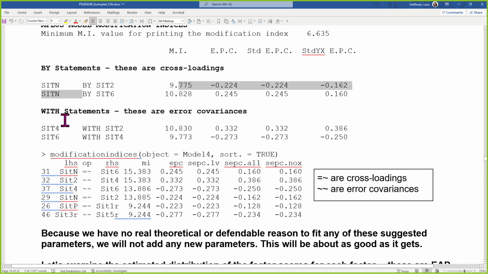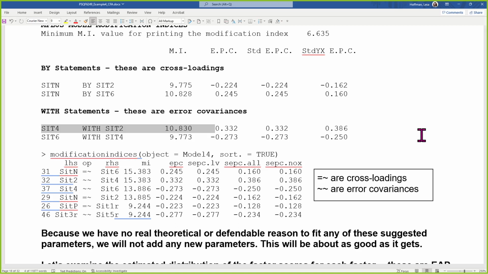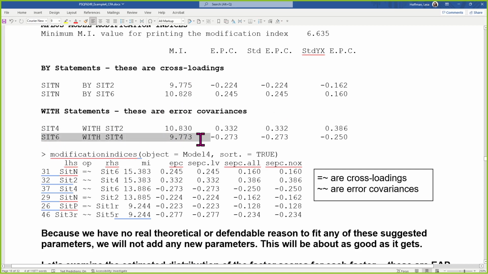So these are trying to do the same thing. What they're trying to do is allow additional relationships between items on different factors. And one way to do that is to put a loading to connect it directly to the other factor, or to put error covariances in. So in this case, it's actually items on the same factor that are causing the problem.